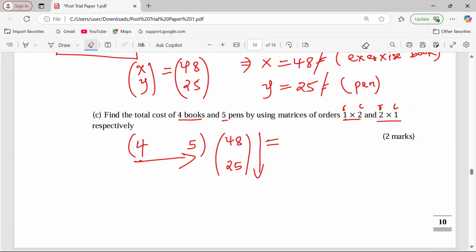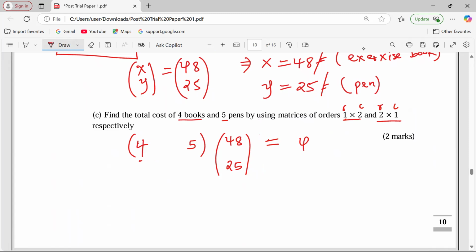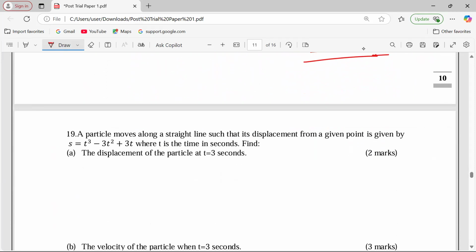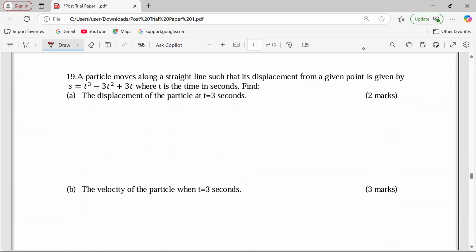Therefore, we need 4 by 48 and 5 by 25. Then we get the total now. So 4 by 48 plus 5 by 25. This gives us 317 Kenya shillings. That way.